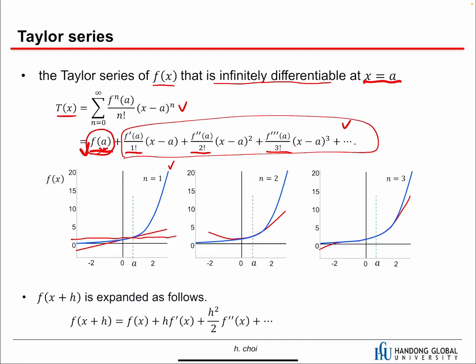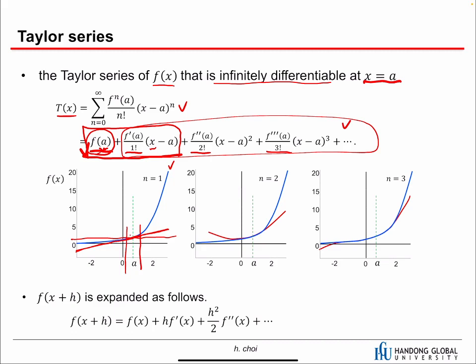Now if we take the first two terms, as you can see, this is a linear equation with respect to x. So if you look at this line in a specific range, then this line approximates these blue curves quite well.